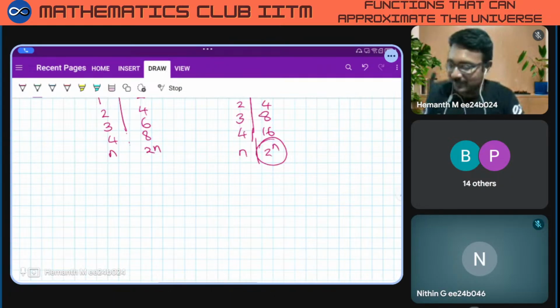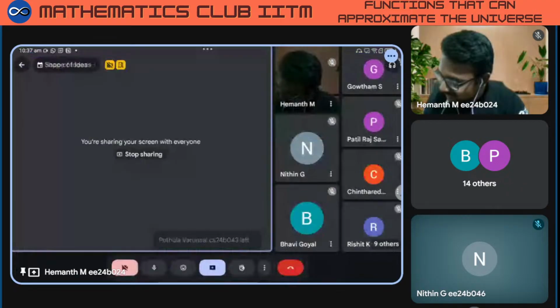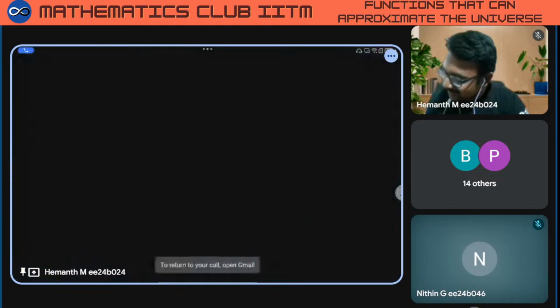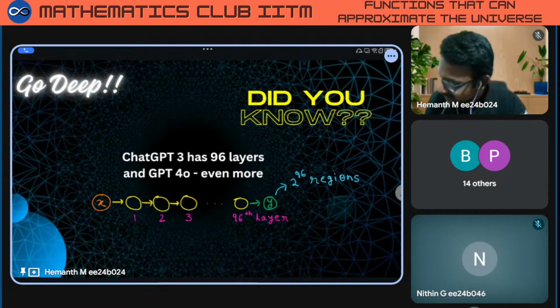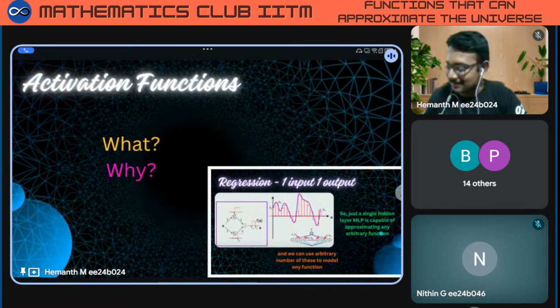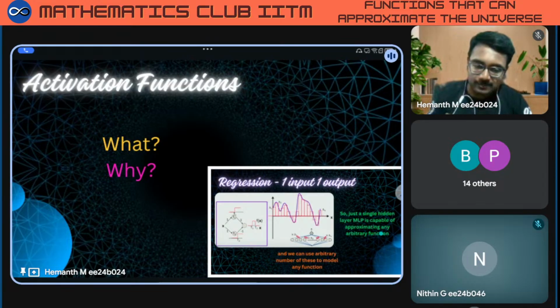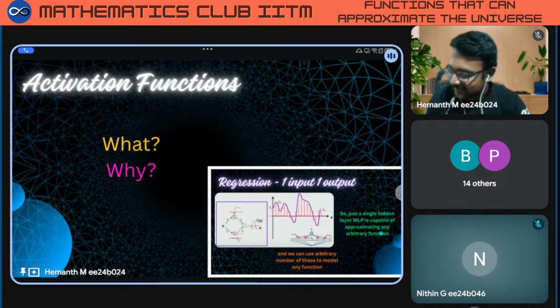So now going back, let's discuss activation functions. In the earlier slide we discussed that we could extend the output space from discrete classes to continuous outputs by considering such pulse functions and evaluating many of them.